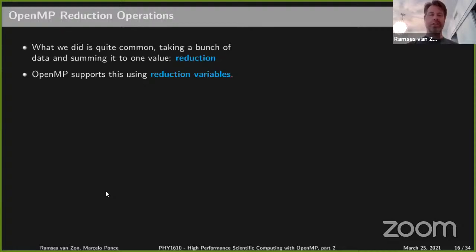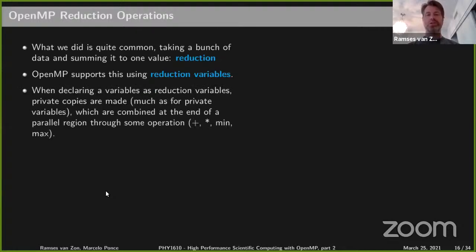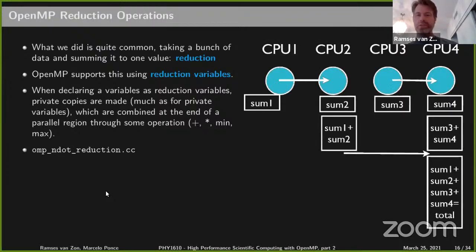We have private and shared variables. It also has what's called reduction variables. What reduction variables do, and the example is easier, is they do all of this local summing for you. So a reduction variable is actually a variable that has both private ones and shared ones. The private ones are used to compute, and then at the end of the compute, they are all, say, summed together to the shared variable that is the target.